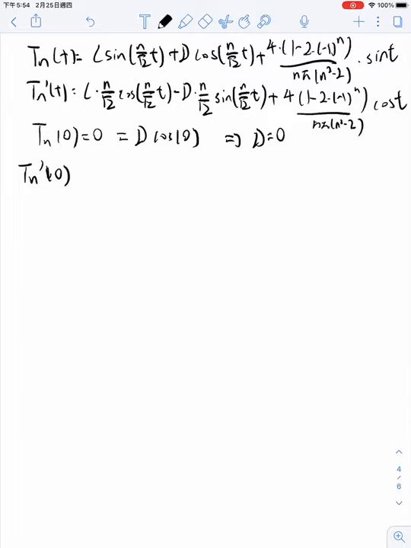And the initial condition of its derivative is also equal to 0. This time, because the cosine t function at t equals 0 is equal to 1, what this part leaves is this.